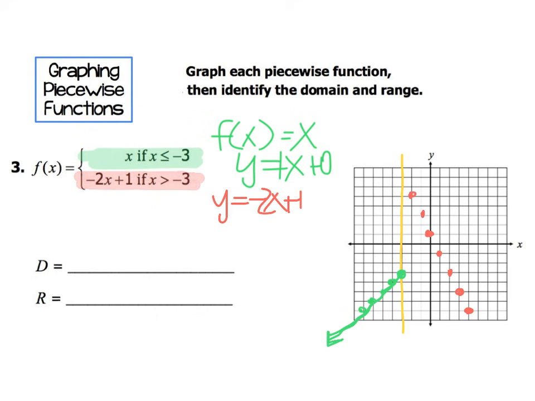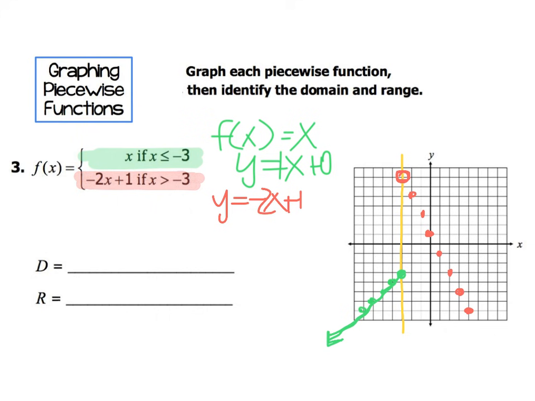All right, and now we know we want this equation of the line when x is greater than negative 3. So where our domain changes, once again, is at that line, x equals negative 3. And we know we want this red one, we want this function when it's greater than negative 3. So that means we want an open circle wherever our line falls on negative 3, okay?